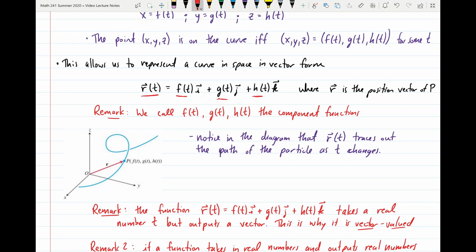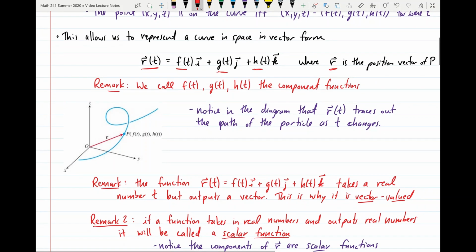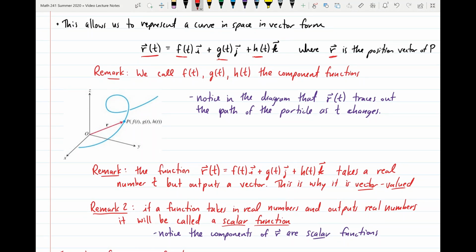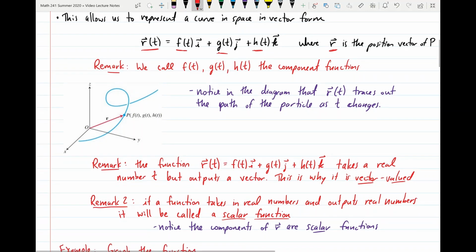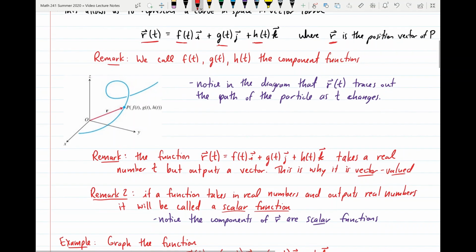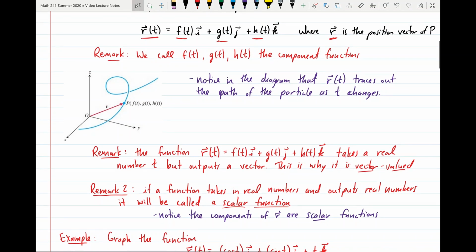And again, r is called the position vector of P. So the vector r in component form is going to have the same components as the coordinates of a point P. And we call the functions f of t, g of t, and h of t the component functions of our position vector r.